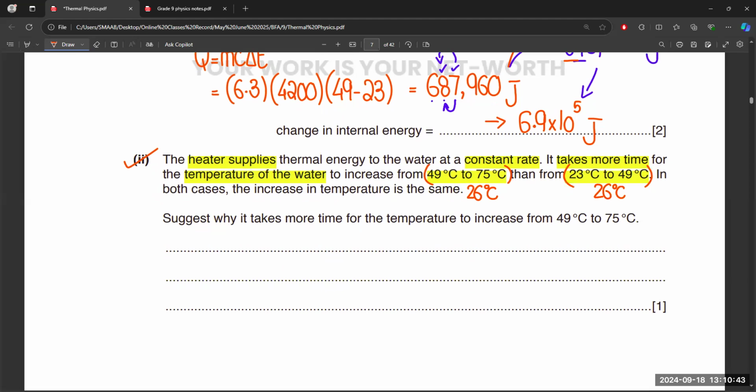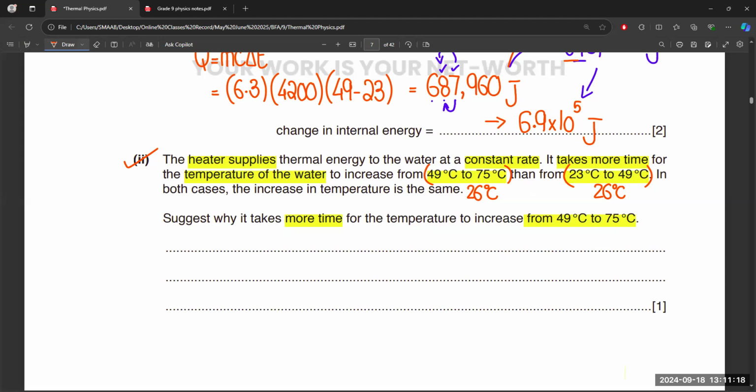Suggest why it takes more time for the temperature to increase from 49 to 75 degrees Celsius. Whenever we transfer thermal energy to the liquid, at the start the liquid tries to absorb maximum energy.